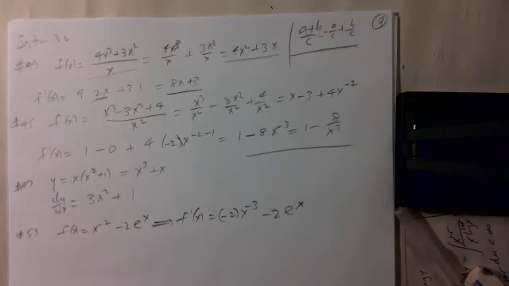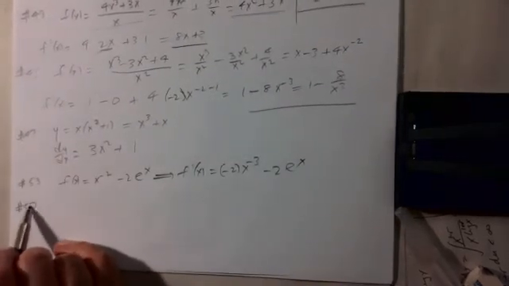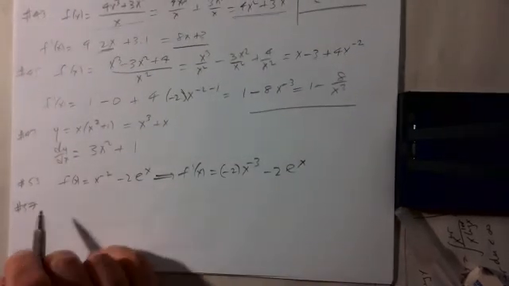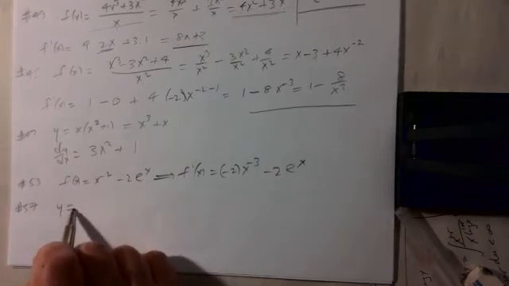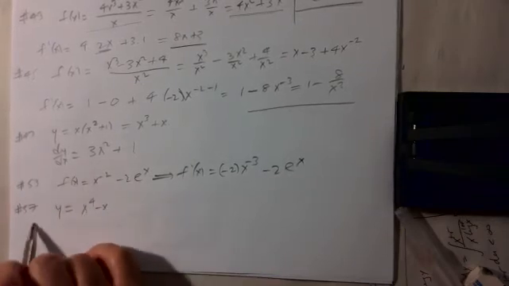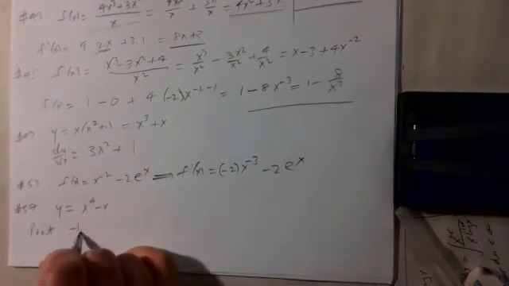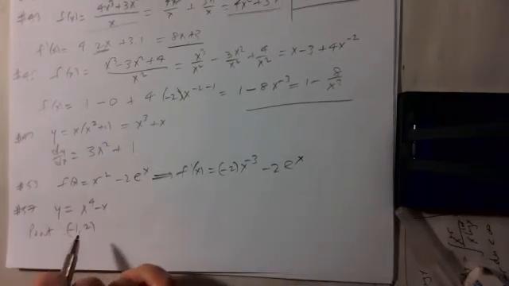All right, let's do a few more. Let's look at number 57. So here we have a function y equals x to the 4th minus x, and we have the point -1, 2. What does this mean?